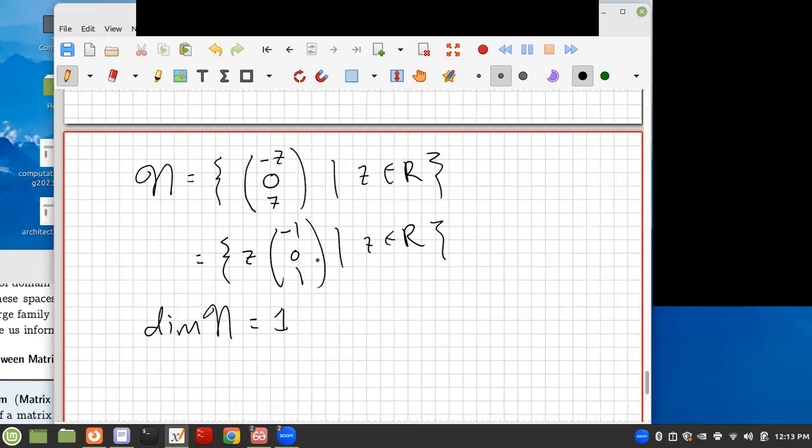So the basis for the null space is just minus 1, 0, 1. So we've actually constructed a basis for the null space, and you see that its dimension is 1, so the nullity is 1.